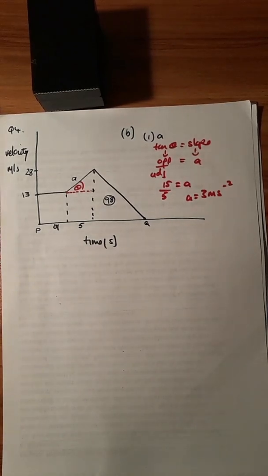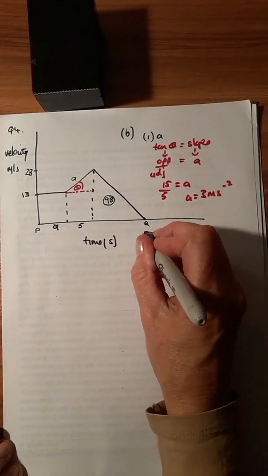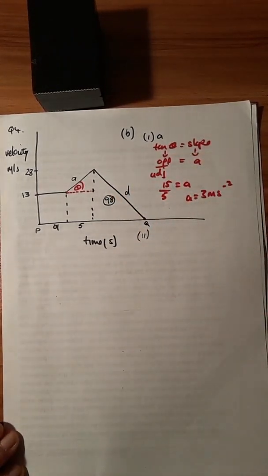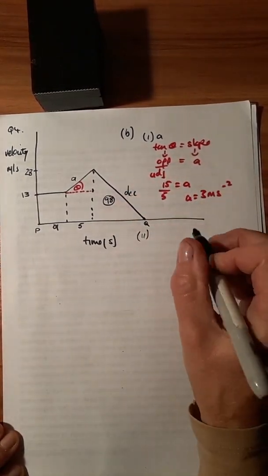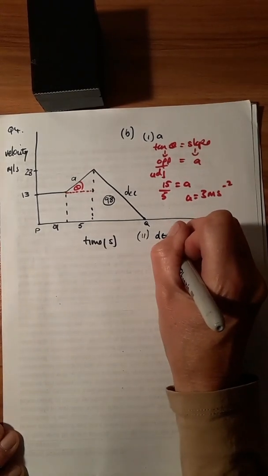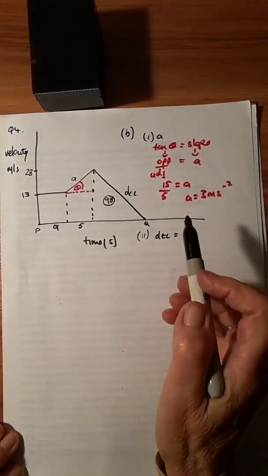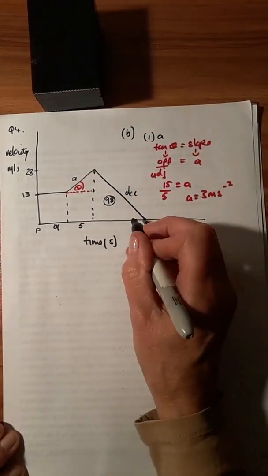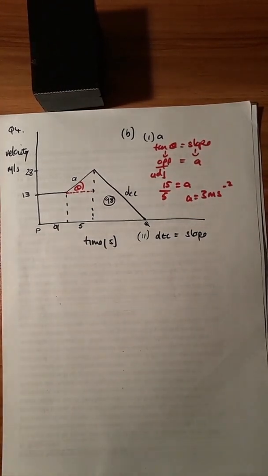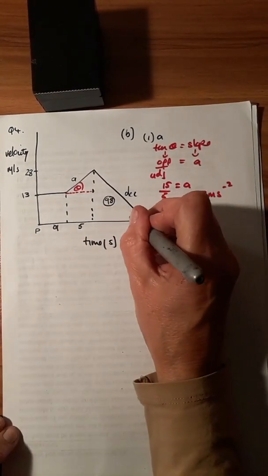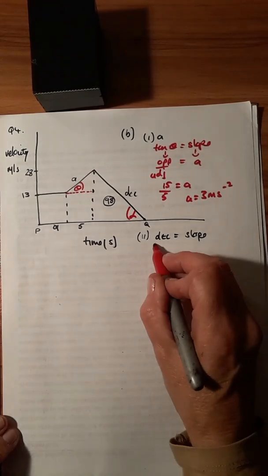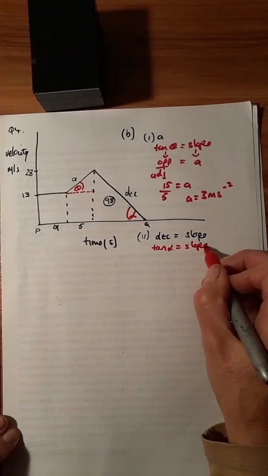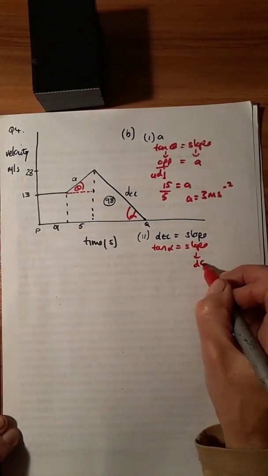Right, so that's the first bit. The second bit says find the deceleration. So this is my deceleration here. The deceleration is the slope of that line there. If I indicate this angle here, I'm going to call it alpha, and say that tan alpha is equal to the slope, which of course is the deceleration.